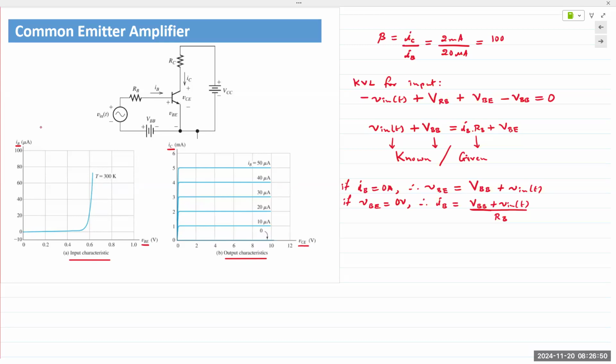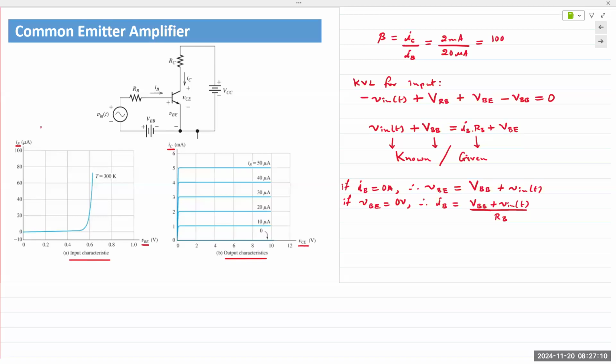Okay, so let's see. We have our load line. The load line would be, as I was saying, VB on the input characteristic, and I have it on the next slide. But let's consider if Vin(t) is 0, meaning you're not applying any AC input voltage.